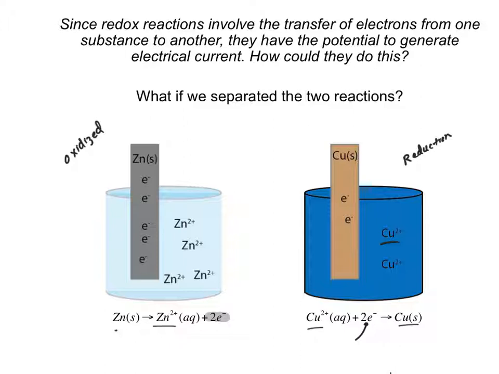We still need electrons to flow. Copper still wants to take those electrons from zinc. How are we going to let zinc give up its electrons? Right now there's just empty space or air between the two. So what do we need to do to get movement of electrons and get electricity? We just need to connect them.